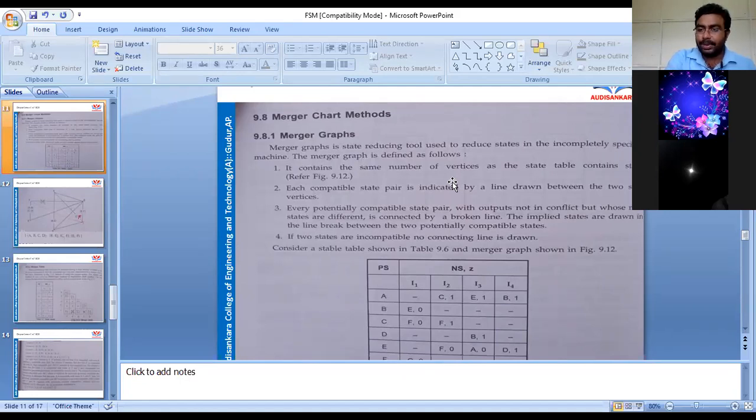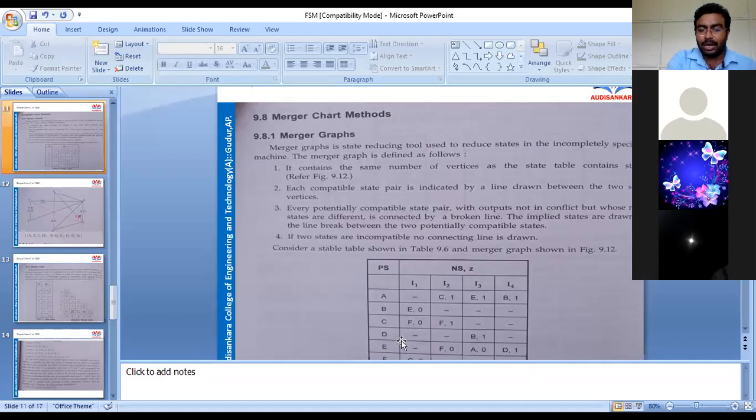Each vertex represents a present state: a vertex for present state A, a vertex for B, a vertex for C, and like that, for each present state we need a vertex. Totally 6 vertices should be taken to represent this incompletely specified state machine for minimizing using the merger graph. That is your first step, students: you need to select the number of vertices that are there in the incompletely specified state machine.